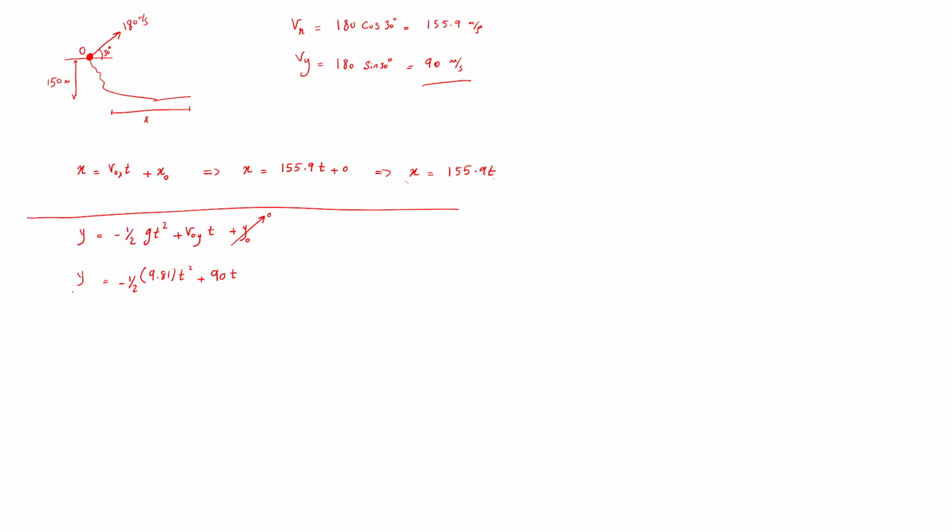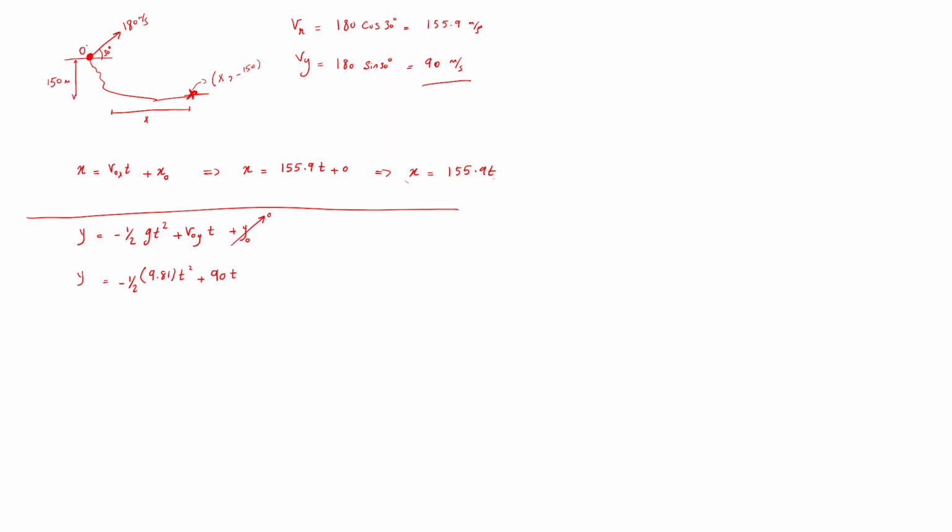Okay, and what is the value of y when the projectile hits the ground? For example, at this point, can I say the coordinate of the projectile is x and minus 150, because I set up the origin at this point.